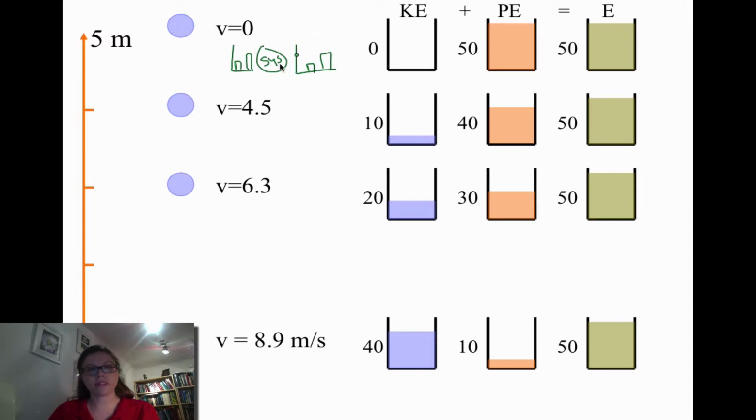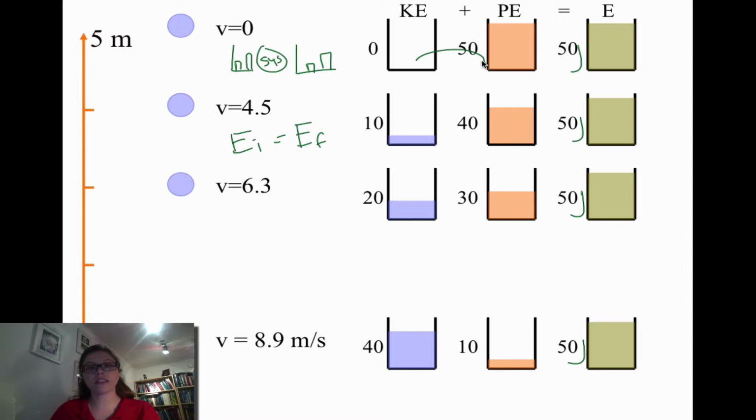But the one thing that is always true with everything that we've done so far is that the energy initial equals the energy final. In this example with the ball falling, our total energies are always 50 joules.